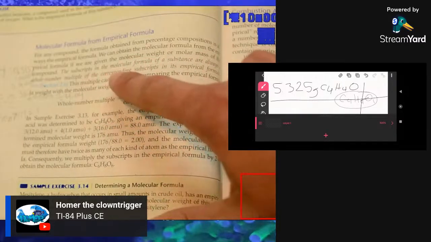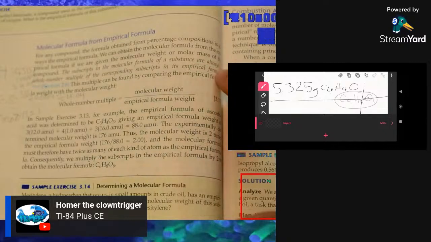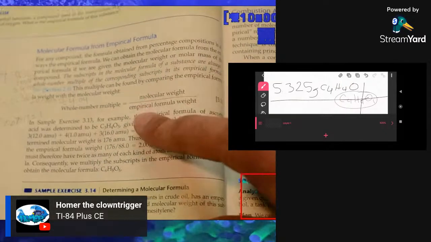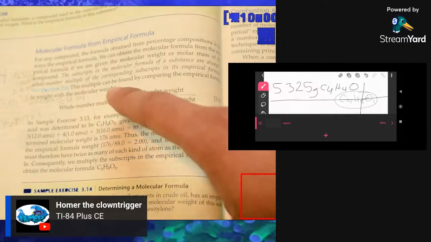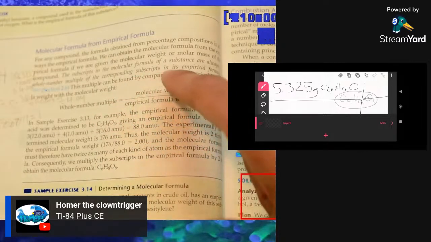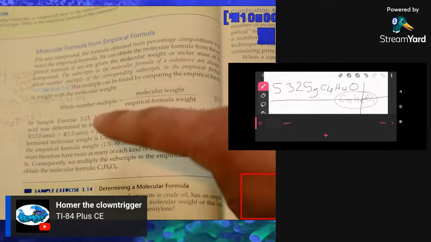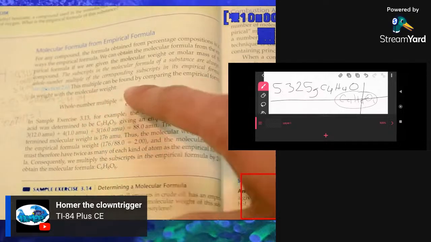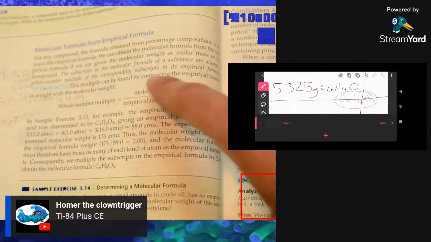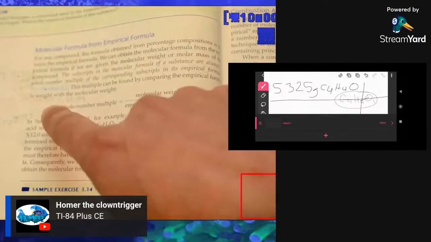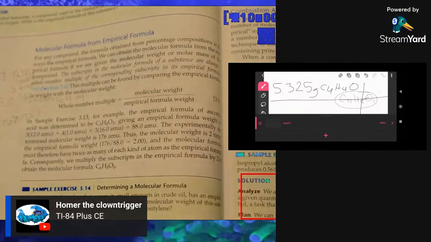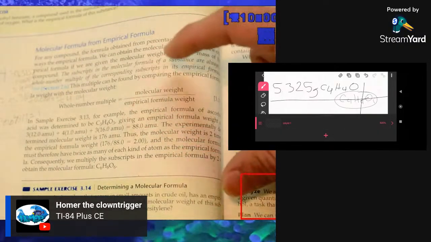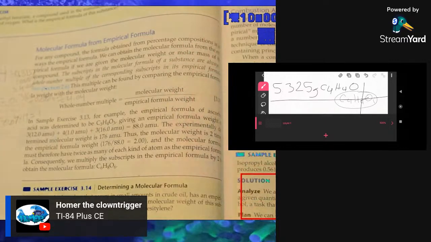The subscripts in the molecular formula of a substance are always a whole number multiplied by the corresponding subscripts in its empirical formula. Section 2.6. The multiple can be found by comparing the empirical formula weight with the molecular weight. Whole number multiple equals molecular weight over empirical formula weight.